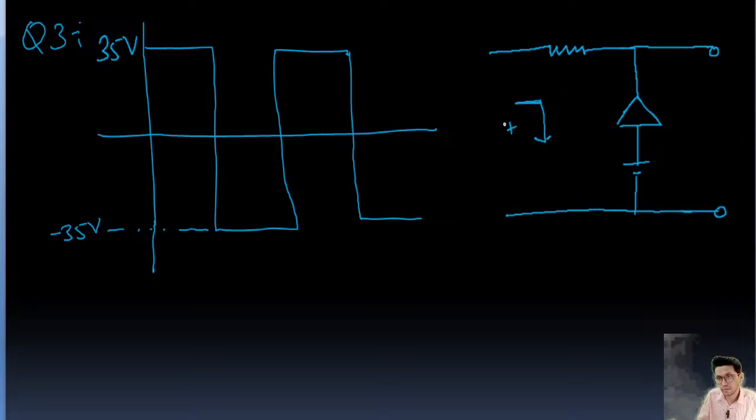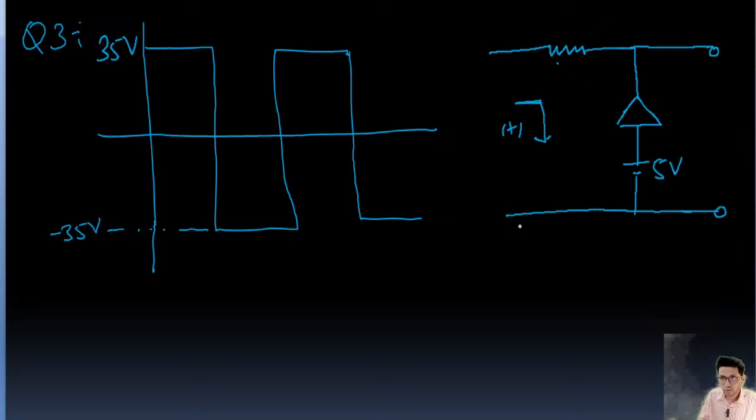Yes, so here you can see this is a parallel clipper, right? Parallel clipper, because the position is changed, right? If the diode is in this position, then it is going to be a series clipper. If the diode position is changed from here to here, then it will be a parallel clipper. Okay, so here you can see this is 5 volt, guys.